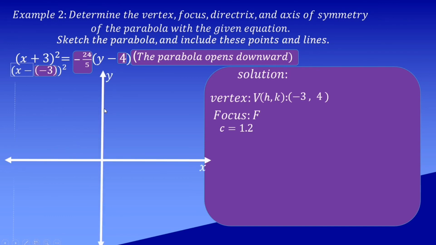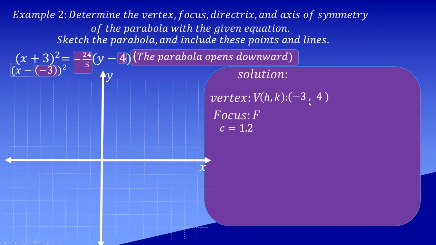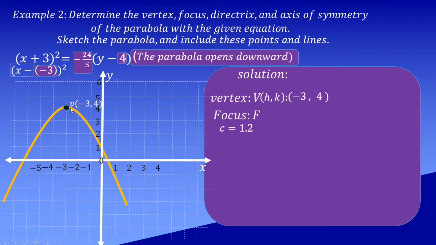Okay, so let's draw a Cartesian plane. Plot the vertex of the parabola. Since the parabola opens downward, here's the vertex, (-3, 4). Then our c is equal to 1.2, the distance of the focus from the vertex.